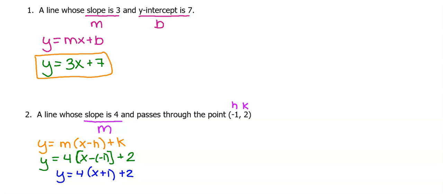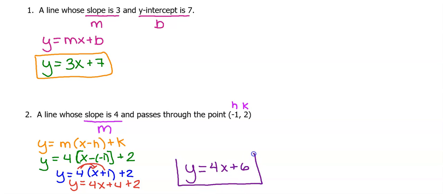And then when I distribute to get all these parentheses to go away, I get 4x plus 4 when I distribute, plus the 2 from the back, so my final answer here will be y equals 4x plus 6. That's my final answer when I simplify this 4 and 2 together.